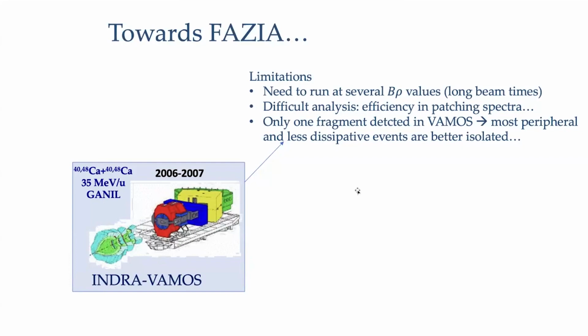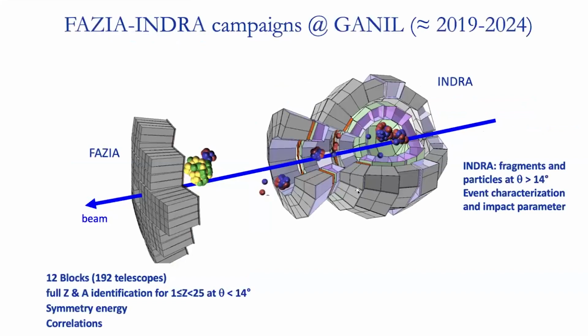So people started to think about a more modern and more efficient way of doing these experiments. Recently, we have replaced the magnetic spectrometer with a device called FAZIA, which is constituted by many different detectors, like many eyes of silicon and cesium iodide.